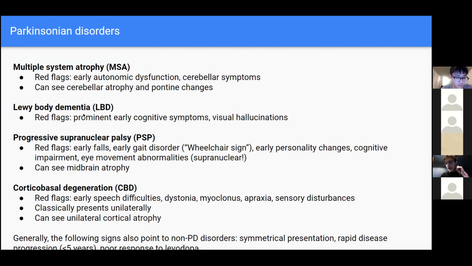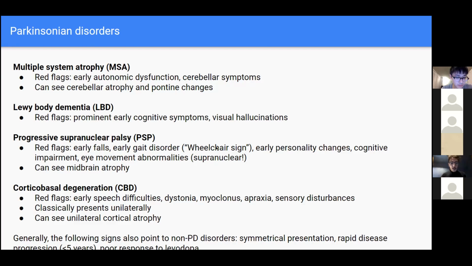In PSP, you also have early personality changes, cognitive impairment, and eye movement abnormalities. The way I remember eye movement abnormalities is with the supranuclear part of PSP. So it's really supranuclear eye movement abnormalities, difficulty with the intentional eye movements, like persecutory saccades. If you image these patients, you can see midbrain atrophy.